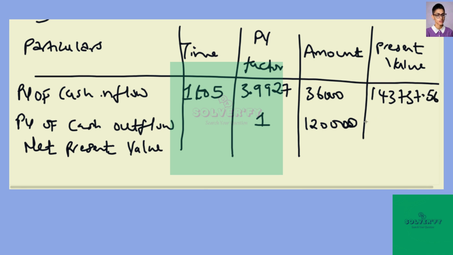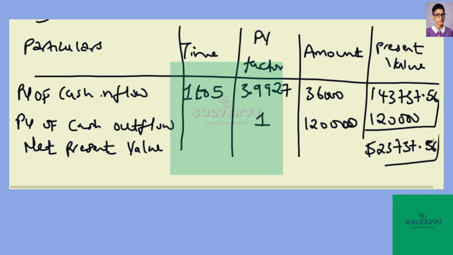And for the second one, we'll get 120,000 because 1 times 120,000 is 120,000. We subtract the cash outflow from the cash inflow, and the net present value would be 23,737.56. So that is our answer.